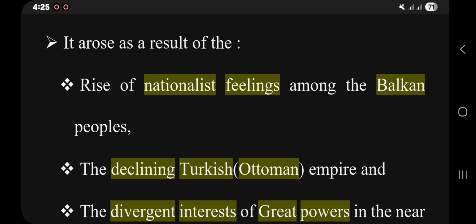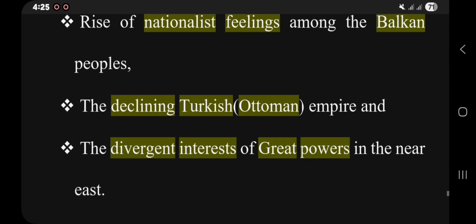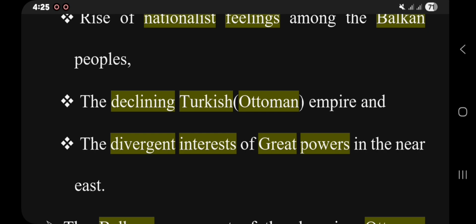The Balkan states are states found in southeastern Europe around the Balkan mountains. For many years, such states were controlled by the Ottoman Empire, one of the greatest empires of the 14th, 15th, and 16th centuries.